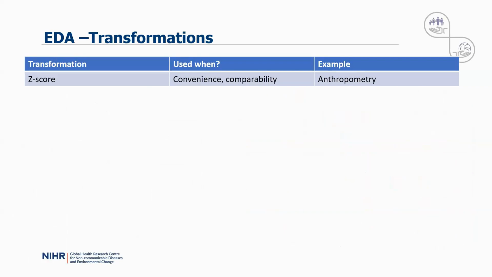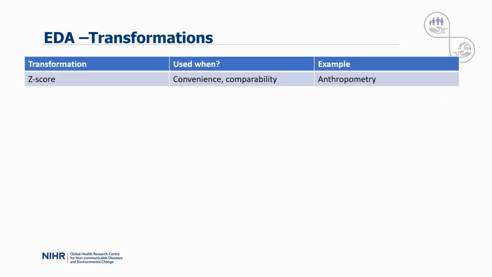non-normality is to transform. Transformations can be used for different purposes. The very first transform, and we have looked at this in a previous session, is a z-score, which is nothing but you subtract the mean from the raw value and divide by the standard deviation.